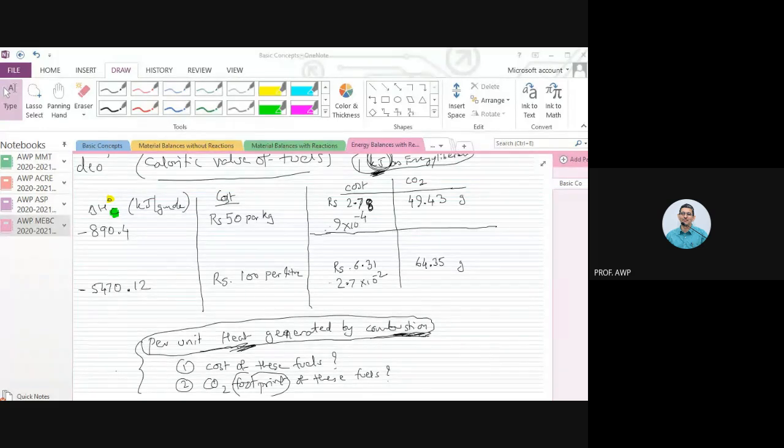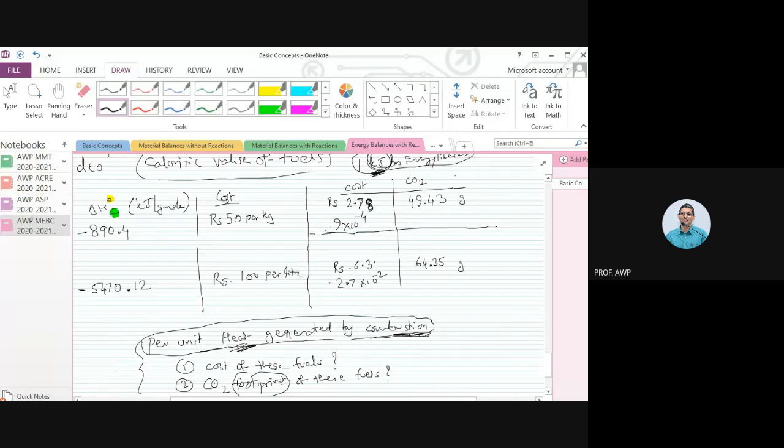Om, any answer? Sir, for CO2, I am getting the same cost. I am doing for petrol. Now CO2 is to be found out. 9 into 10 raised to power minus 4 is for methane as a fuel. And how much CO2? Not calculated.